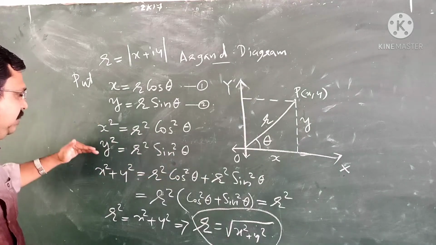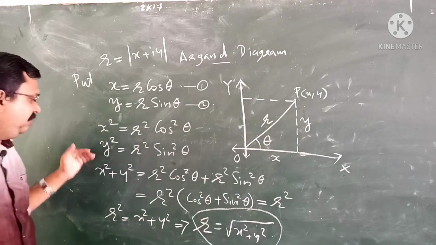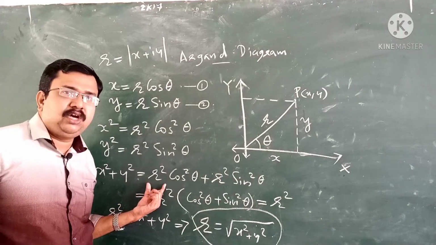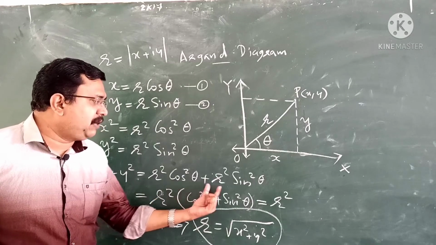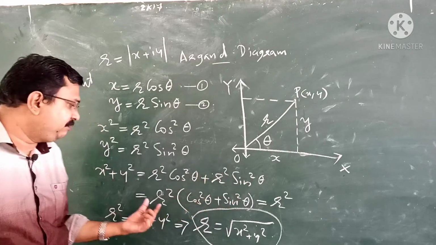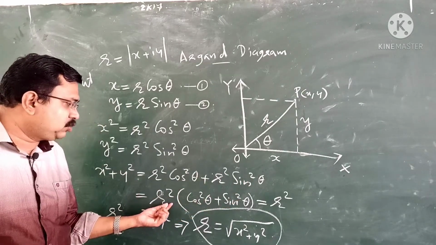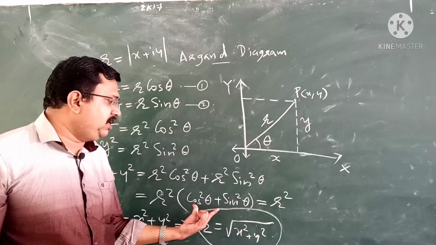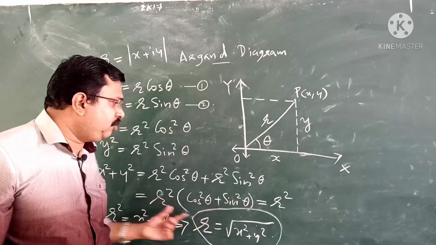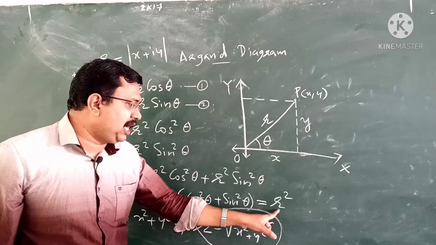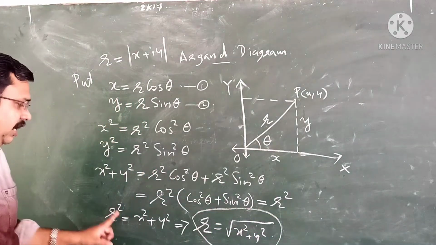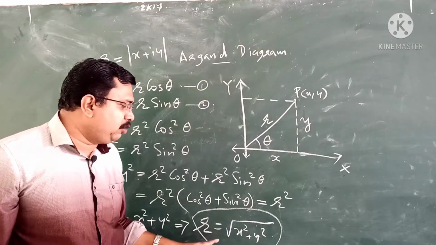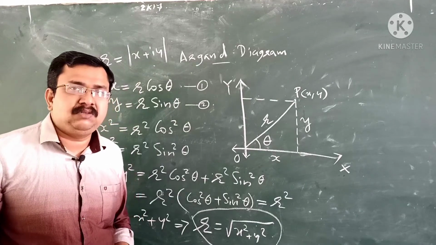Adding these two equations, we get x square plus y square equal to r square into cos square theta plus sin square theta. We know that its value is 1. Therefore, r square equal to x square plus y square, that means r equal to root of x square plus y square.